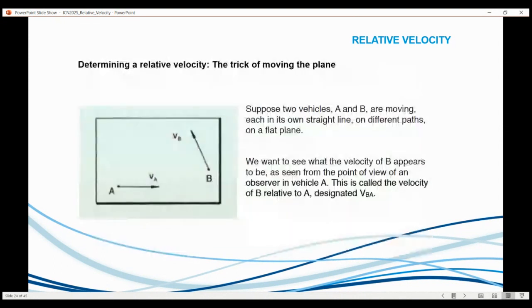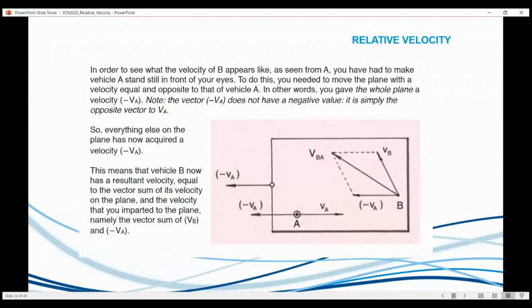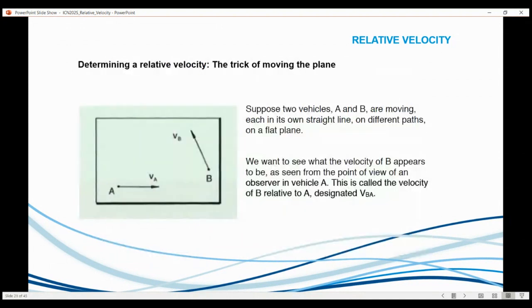Right, so remember V_BA, velocity of B relative to A. So what we do is apply a velocity vector in the opposite direction. It's not a negative value that stays there, it's an opposite vector. So that kind of makes sense. If we apply a vector in the opposite direction here, we're just saying now A is standing still, and now we can see how B will behave in terms of its motion.